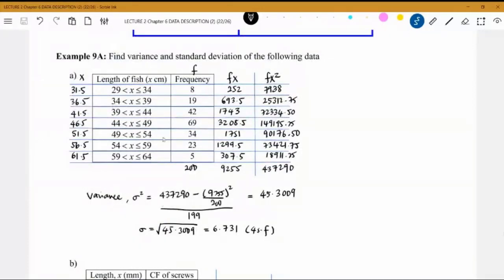Okay, for this table, we can see from 29 to 34, 34 to 39, 39 to 44. So if you change to normal interval, dia akan jadi seperti ini. 29 to 34, 34 to 39, 39 to 44, 44 to 49, 49 to 54, 54 to 59, and 59 to 64.